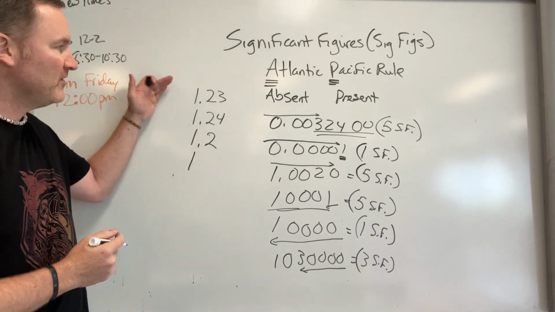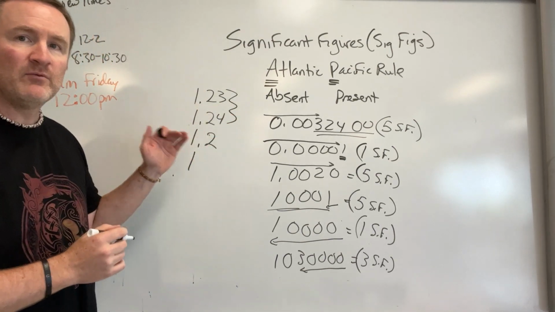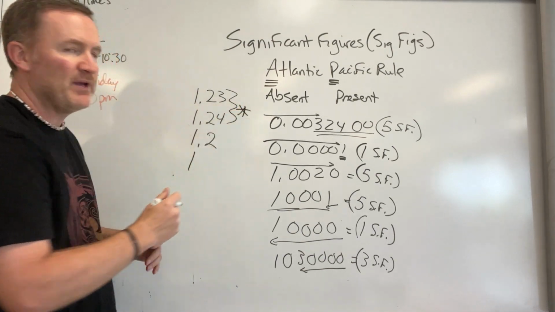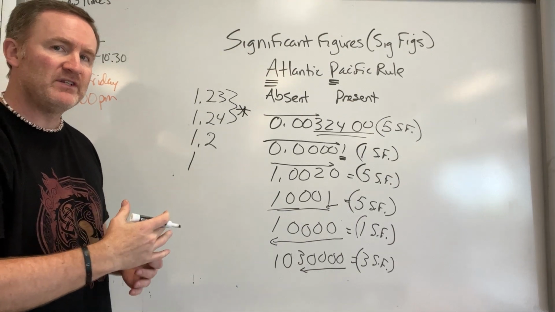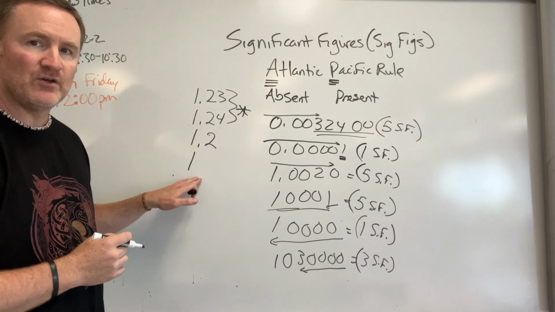Now we have all different significant values. Obviously these 2 are a little bit more precise because they're reading further. They're getting more detail and more accuracy in their numbers. This one isn't as good, and this one is the weakest.